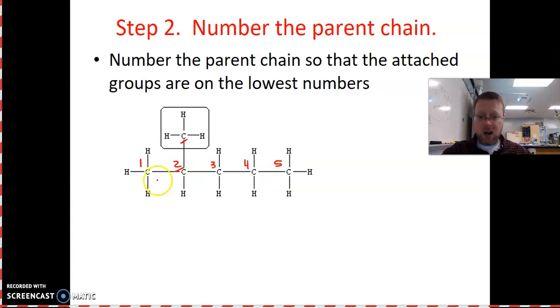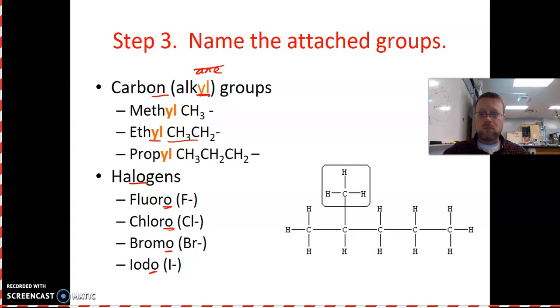The longest chain here is called pentane. And I have an attachment at the 2nd carbon. On that 2nd carbon, I have a methyl attachment.